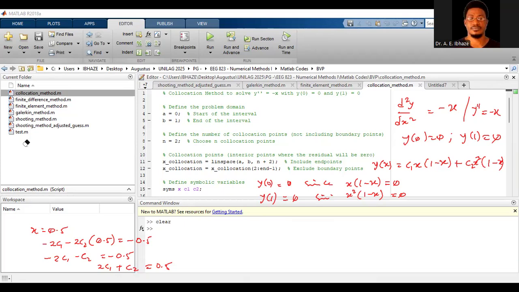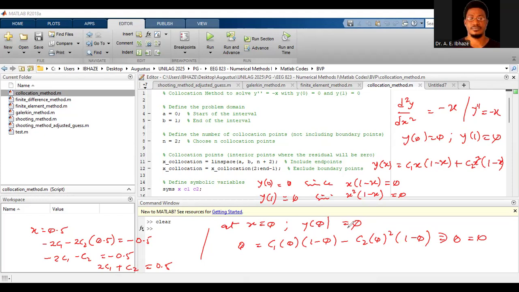Now, if we apply the boundary conditions to the trial equation, at x = 0, y(0) will be 0. This gives 0 equal to C1(0)(1 - 0) minus C2(0 squared)(1 - 0), which gives 0 equal to 0, trivially satisfied.